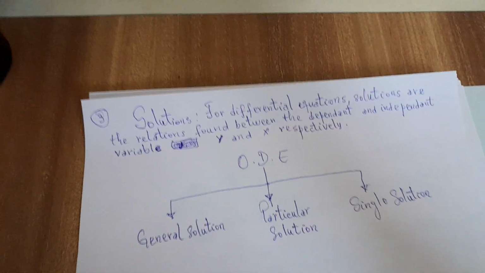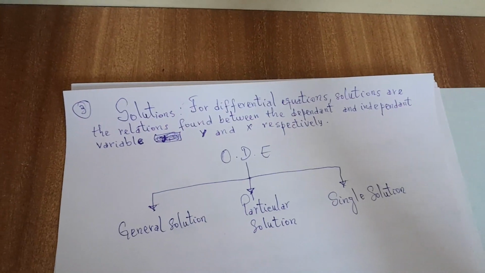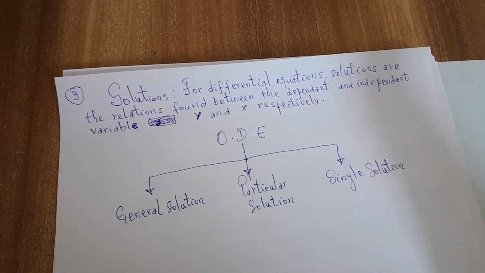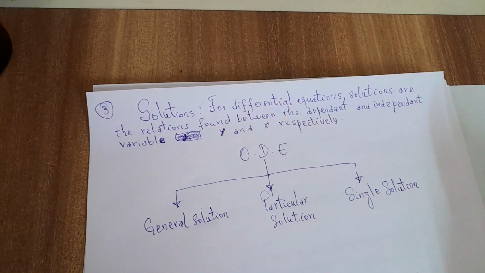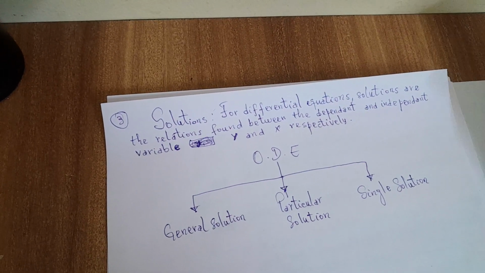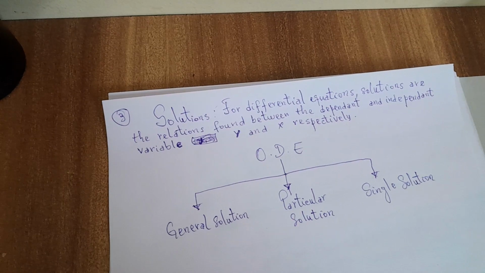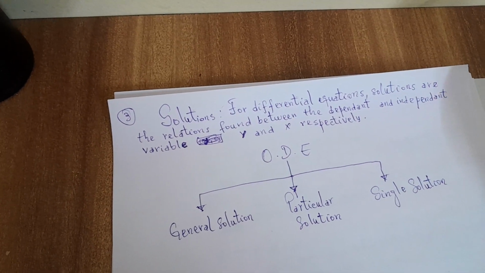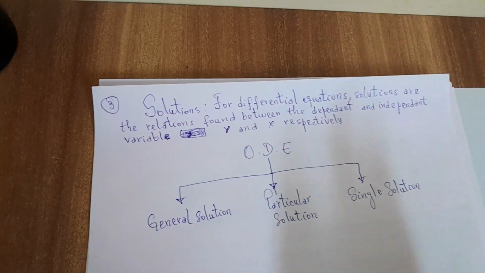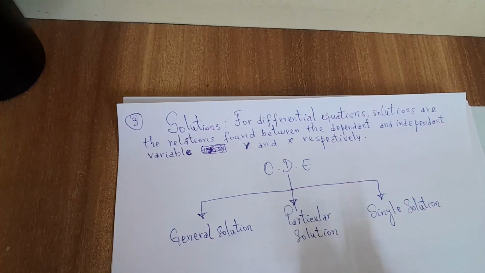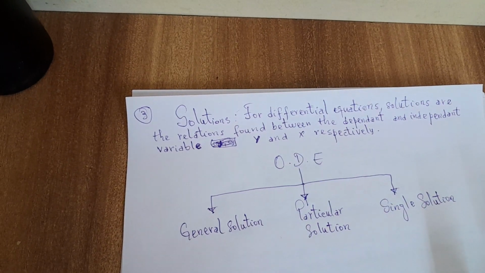And first let us understand what a solution is. What is the solution for a first degree and first order differential equation? The solution is nothing but the relation between the dependent variable and the independent variable, okay?